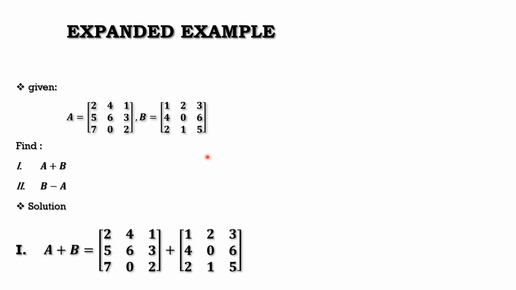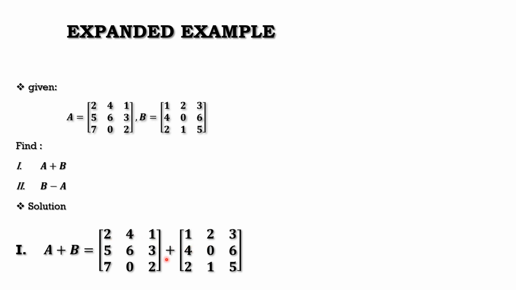So we have A plus B. When you look at the A plus B, we are going to put these matrices at their respective positions of how the question has been put. So we have A to be the first and B to be the second. Now we are going to perform the operation addition on these two matrices based on the corresponding position of the elements.